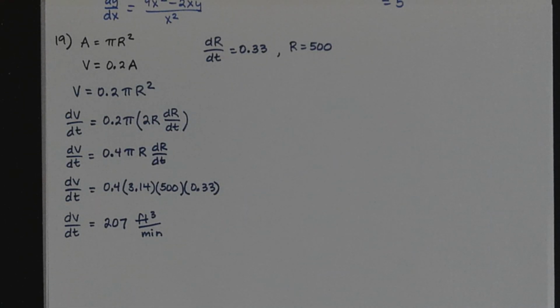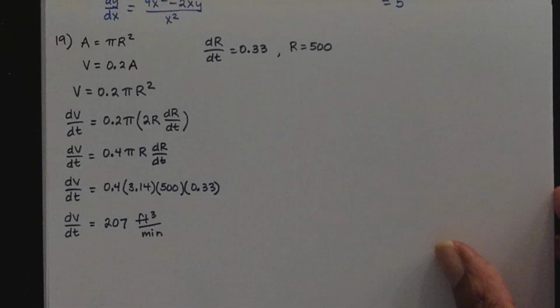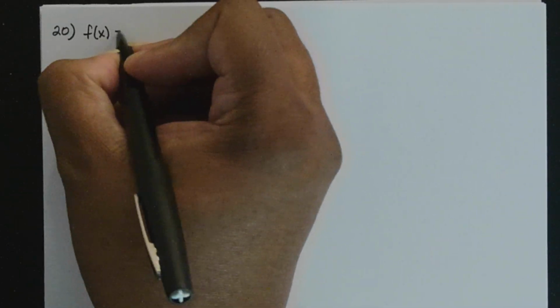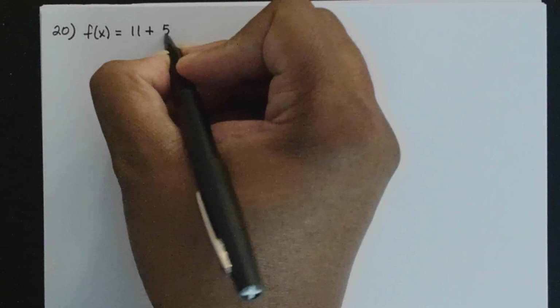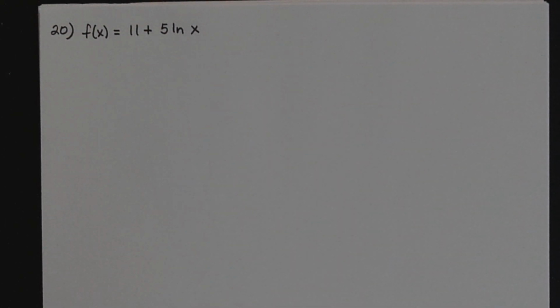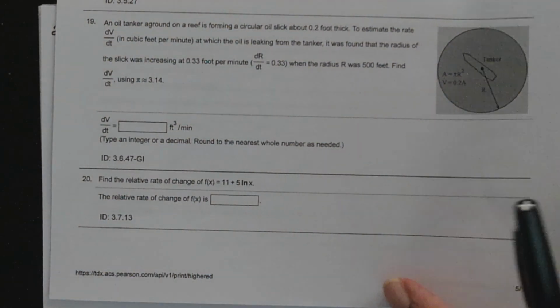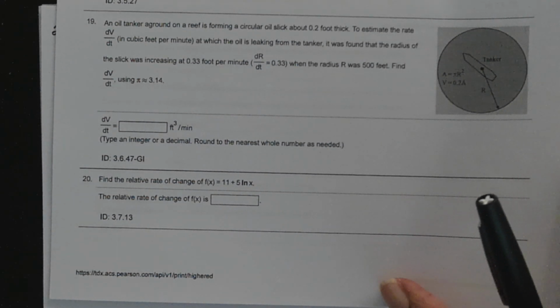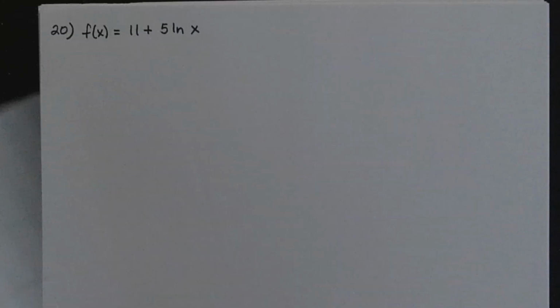Any other questions? Okay, problem number 20 is finding the relative rate of change. Here we have f of x equals 11 plus 5 ln of x, and I want the relative rate of change.